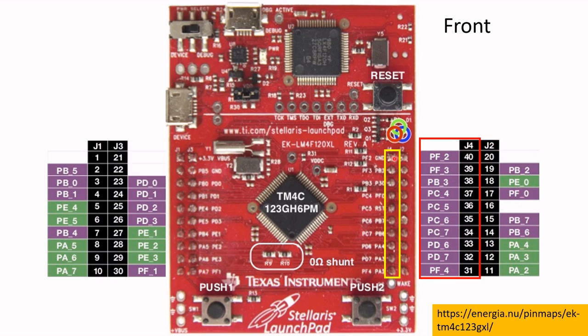And then finally, this set of header pins here is J4, and you have J4 pin 40 connected to port F, bit 2 of the microcontroller. Let's take another one. J4 pin 33 is connected to port D, bit 6 of the microcontroller.